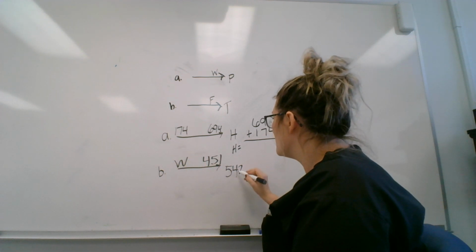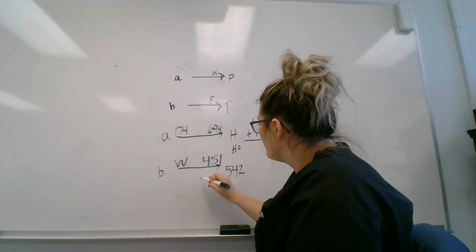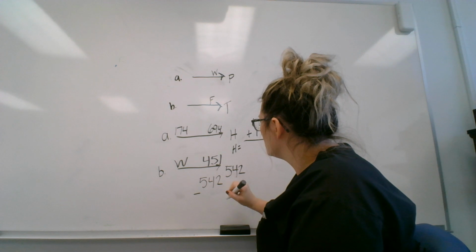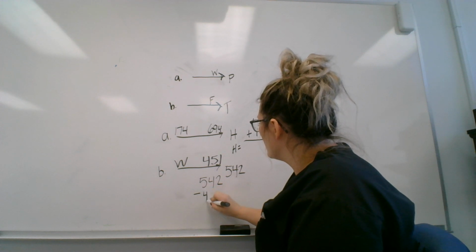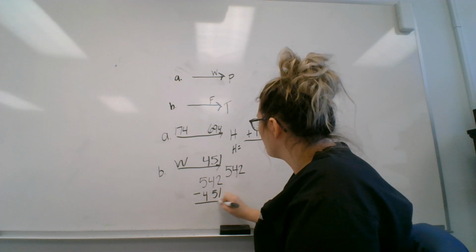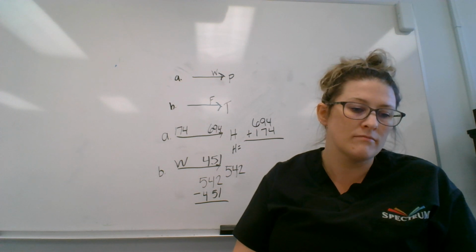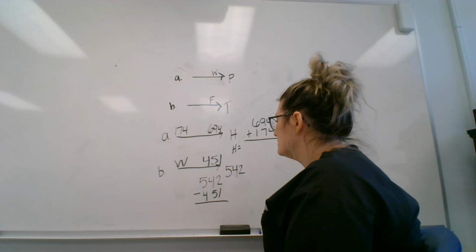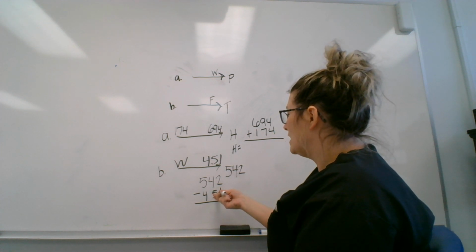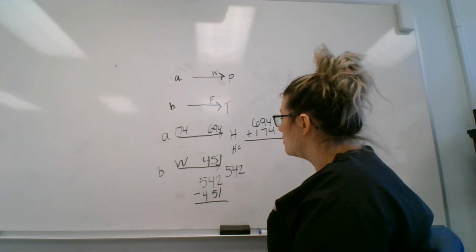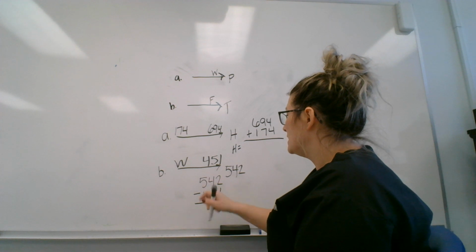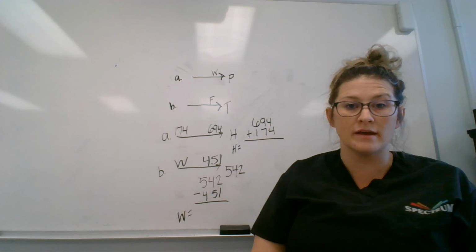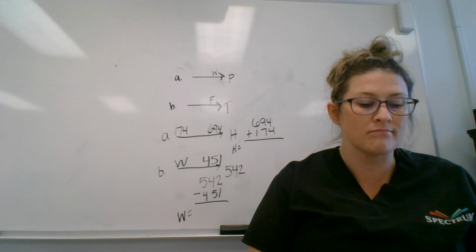So I start with the big number. 542 minus 451. This is going to be one that you have to borrow, okay? Because you can't take 5 from 4, so you have to go next door. Make sure that you follow the rules about borrowing in that problem.